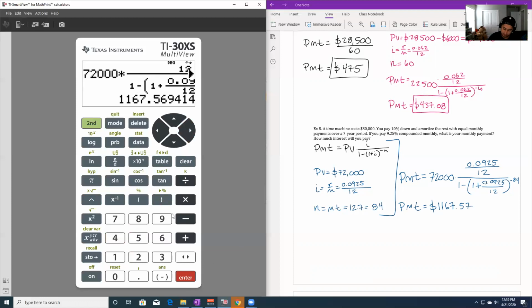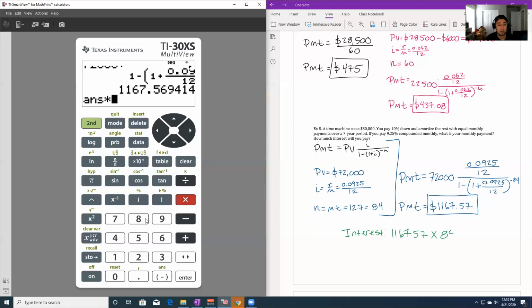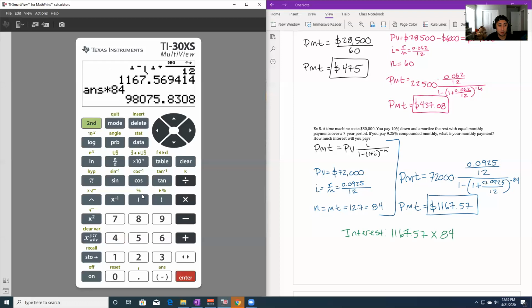Okay, now we need to figure out interest. We are making 1,167.57 for 84 months. So multiply that by 84.